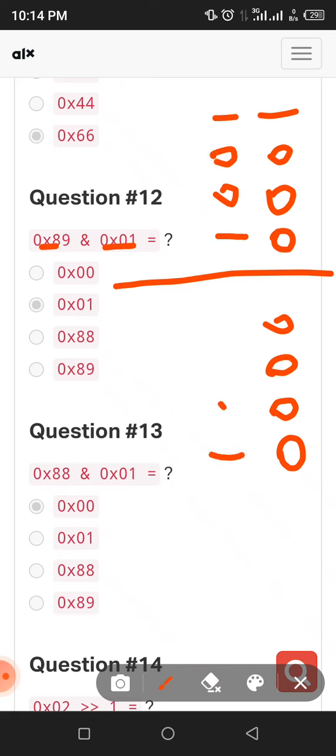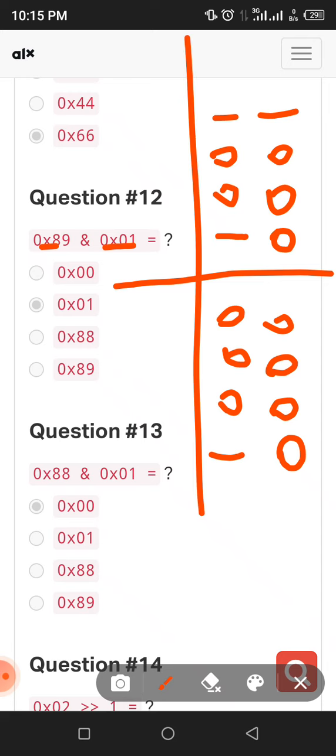So we are using the AND gate. That means two people must meet the condition. So 1, 1 here, one person meets. These two, nobody meets, we put 0 for them. This one, only one person meets, we still put 0 for them, because we need at least two of them compulsorily. So 0, 0, 0 and 0.